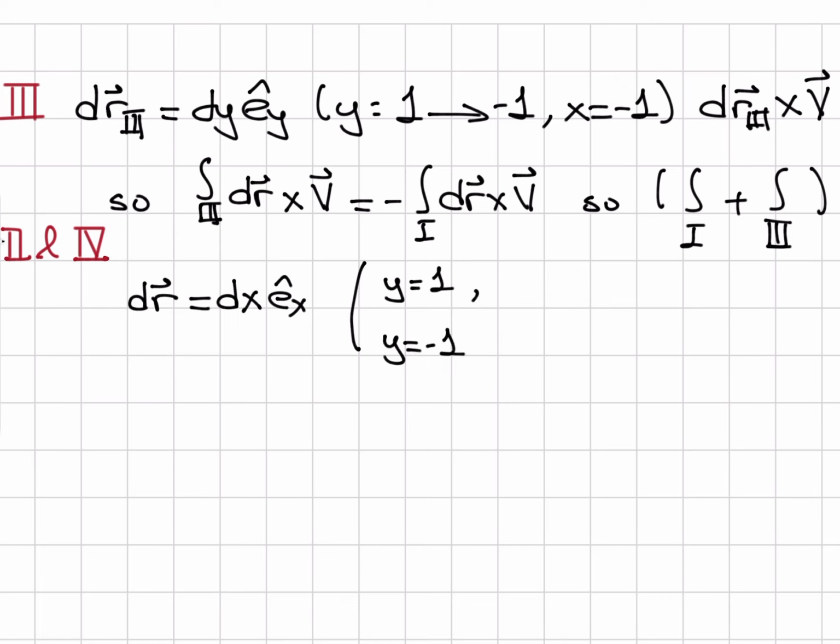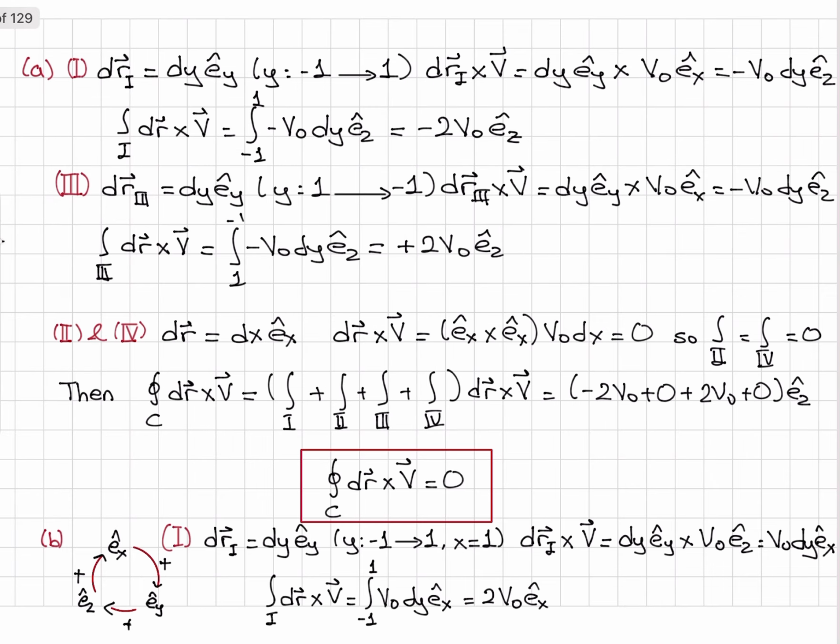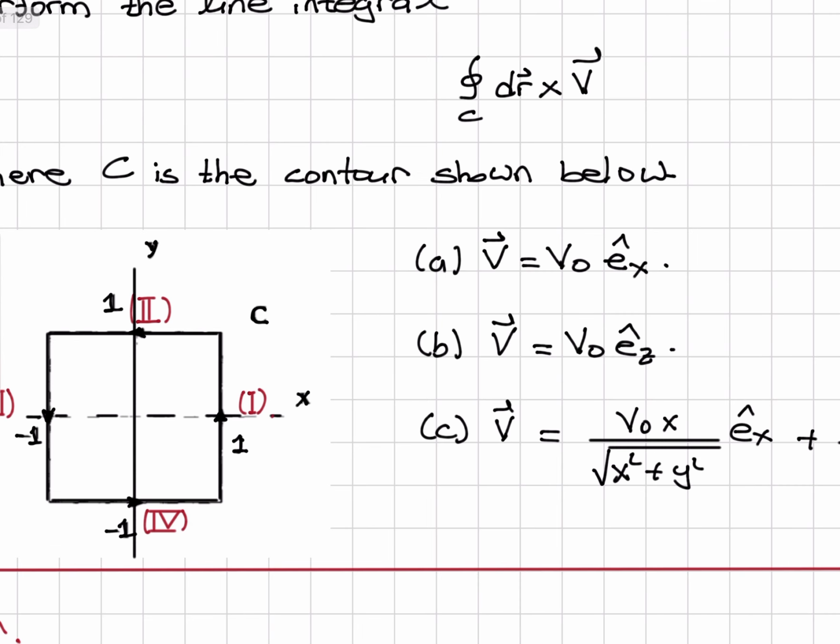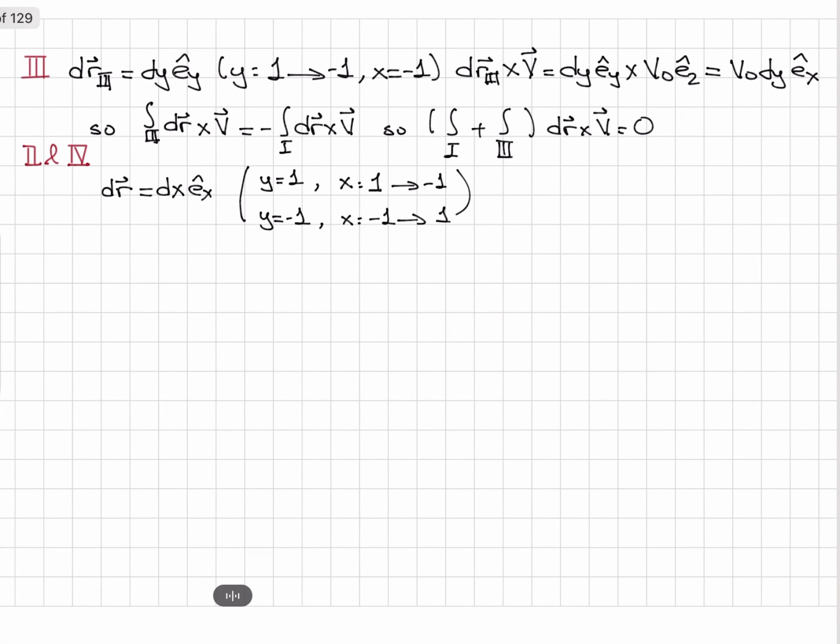When y is 1, x goes from plus 1 to minus 1. When y is minus 1, x goes from minus 1 to plus 1. So that's what we see here.